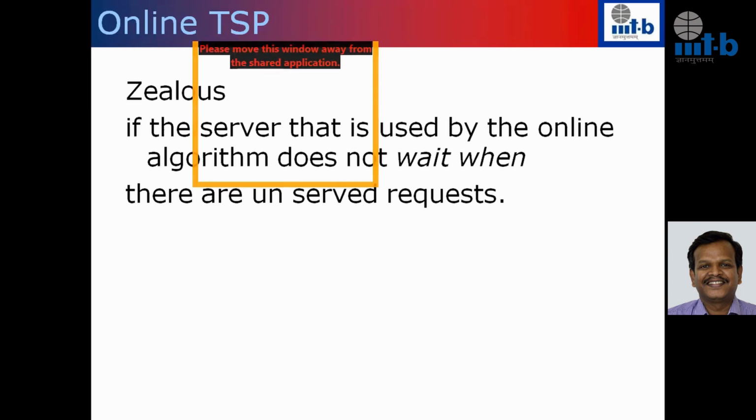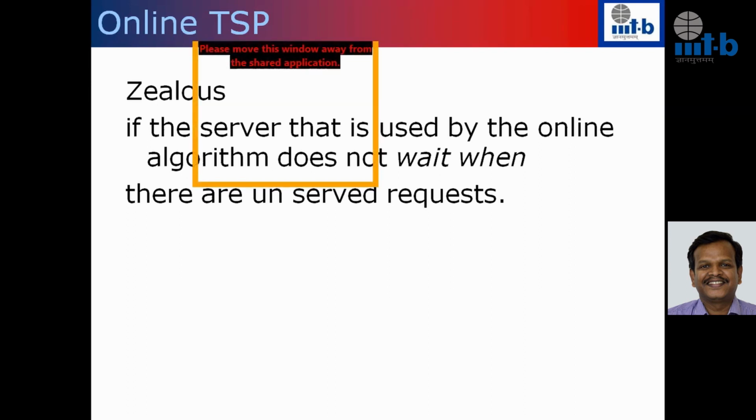So as long as there is some work that needs to be done, the server cannot be waiting idle. So one way to get away with this wait condition is just to go back and forth, right? So you're at a location, you go 1 kilometer and again come back, which is equivalent to waiting.